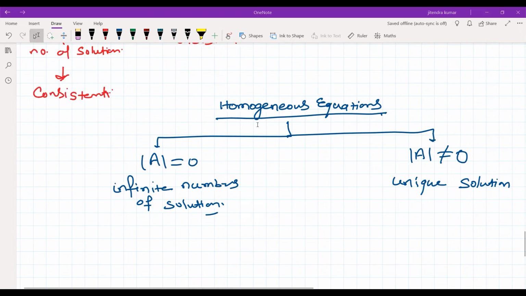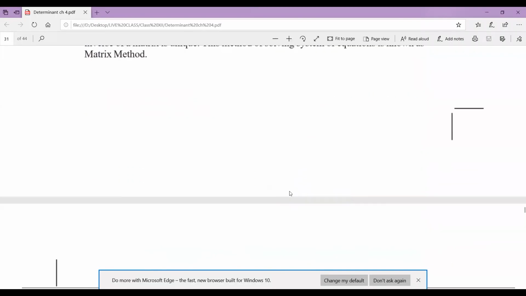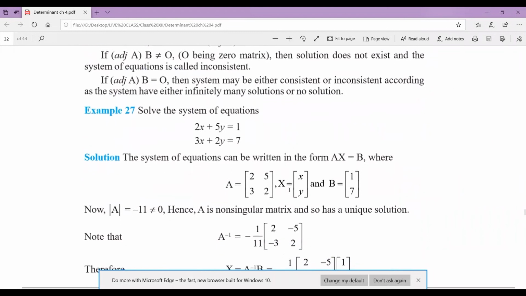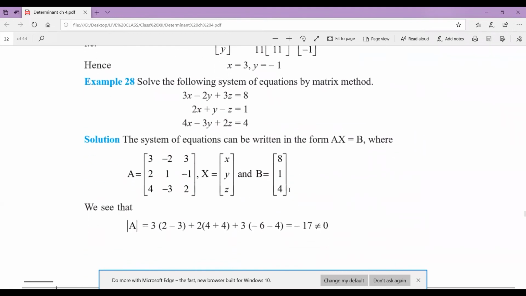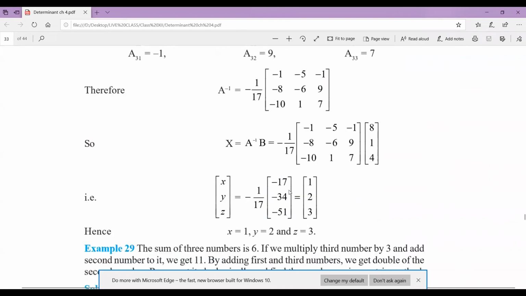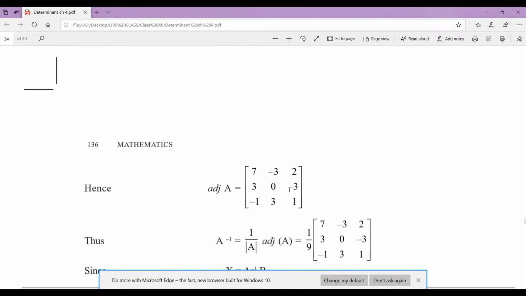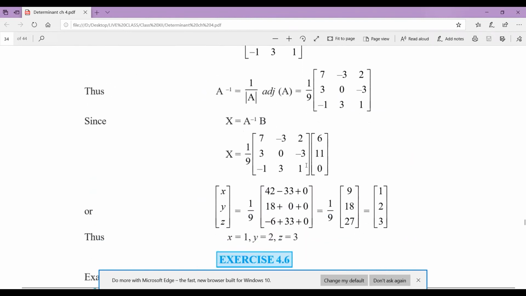Just let me see your NCERT book. Okay, so this is all.